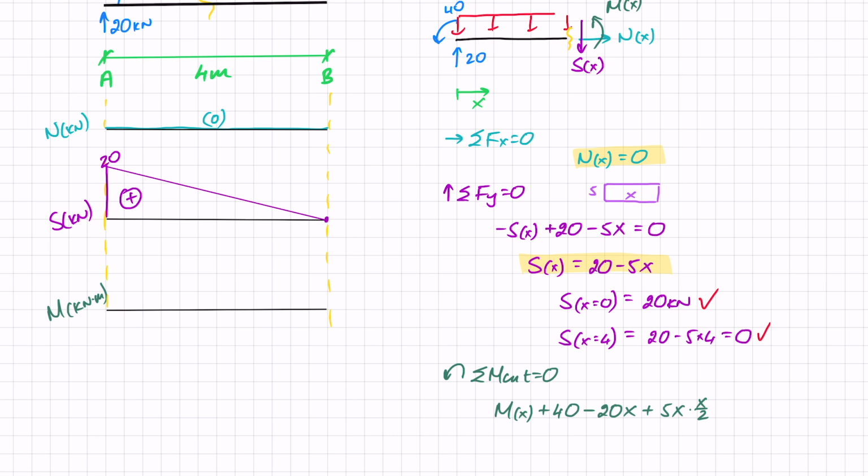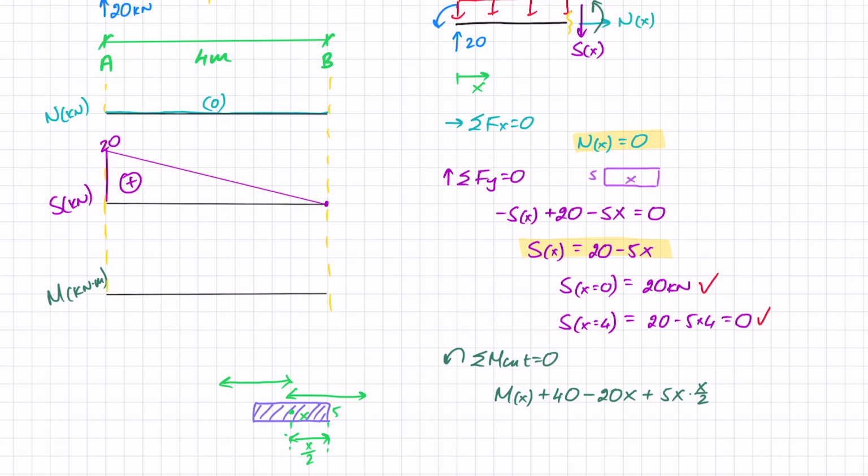And just a reminder here, when I'm calculating a UDL, the force is the area, so that gives me the force, and the distance is always going to be the distance from the centroid, in this case the middle, to wherever I'm figuring my moment around. So if this is x and this is 5, this is x over 2.